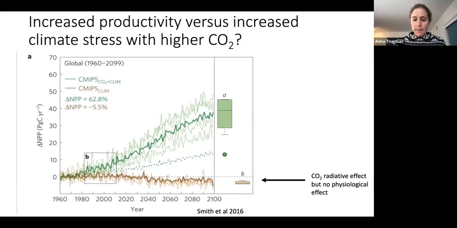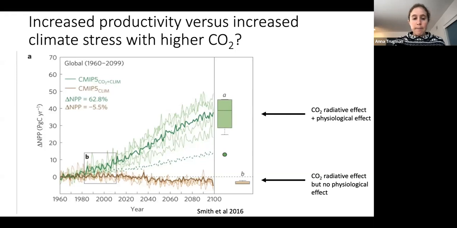One has the radiative effect of CO2, so the climate effect, but not the physiological effect on plants. And you can see slight declines in productivity by the end of the century as a result of this climate change. But if you add in the physiological benefit of CO2, these models predict a strong increase in net primary productivity.